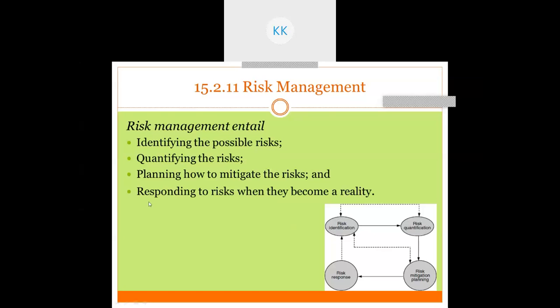Quantify means you will classify the risk, in which category it falls, or you can prioritize the risk, right? Then you need to mitigate the risk, which means you need to reduce the impact of the risk or the risk itself. Then you need to respond to the risk.